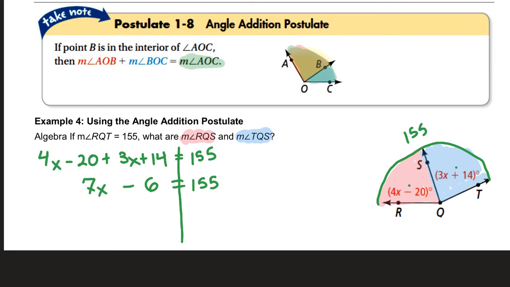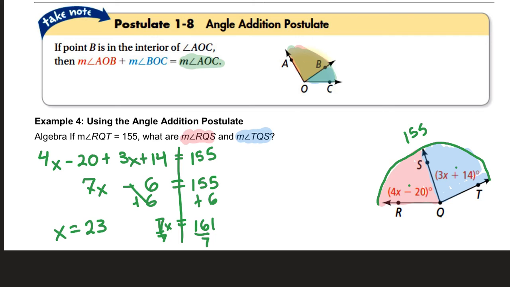Then to solve that, add 6 to both sides. 7x equals 161. Divide both sides by 7. X equals 23. I did that in my head, so I'm just going to check using a calculator, and it's 23.